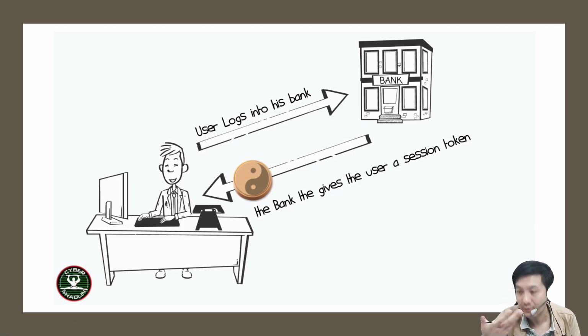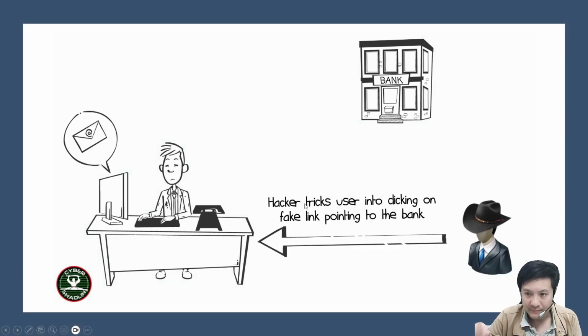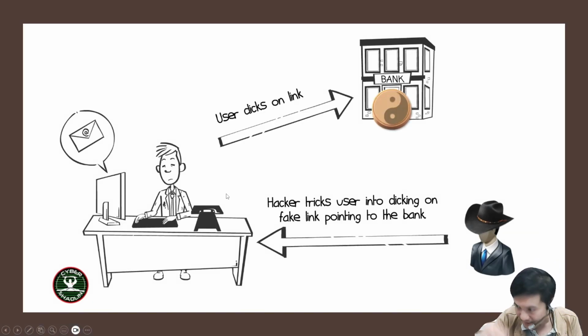The session token is secret. But if, unluckily, a hacker sends a fake email to you, with a link that has some script in it, you receive the email and then click on the link.